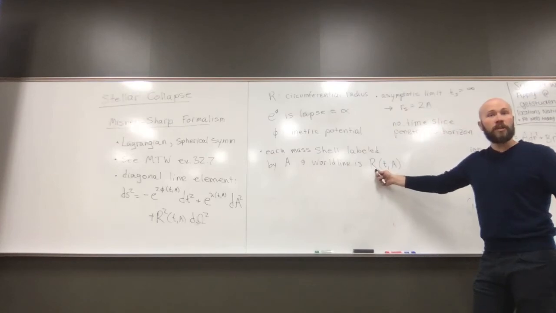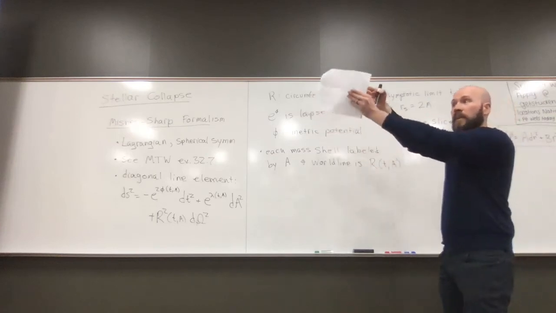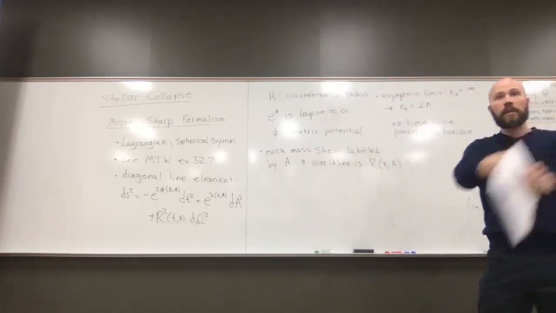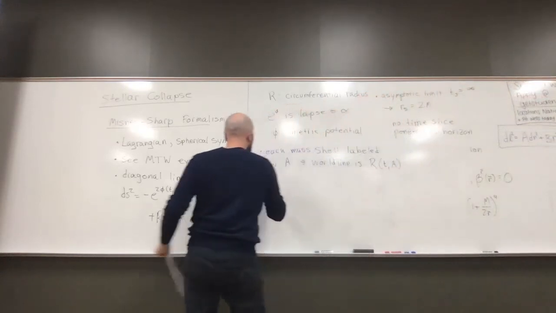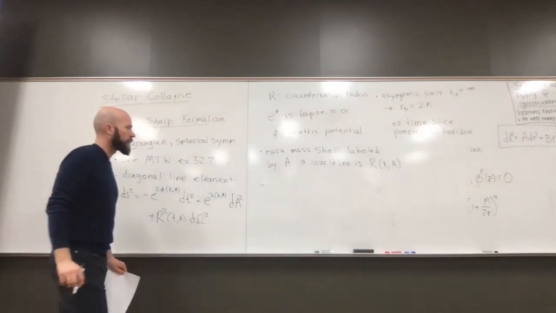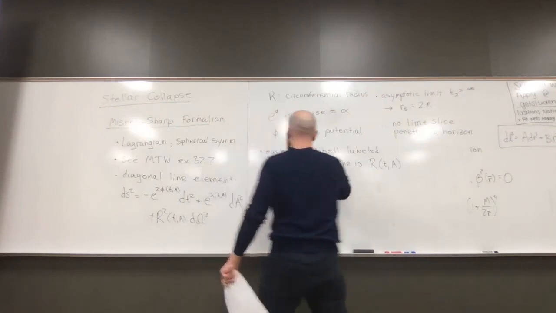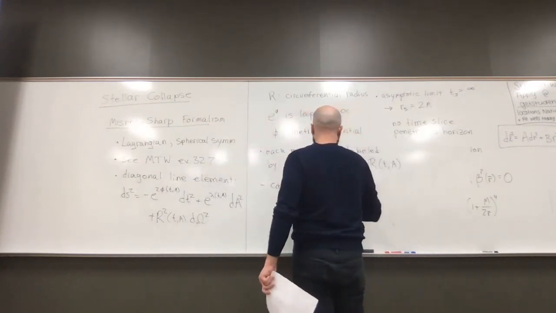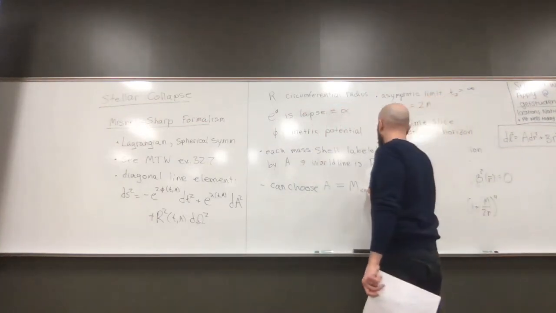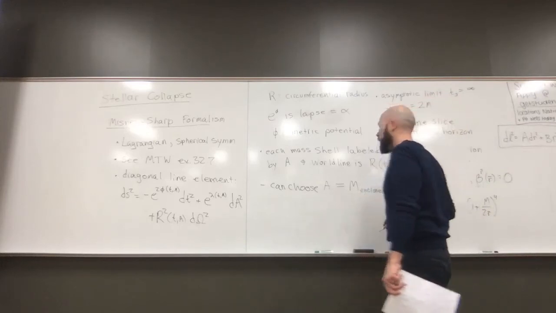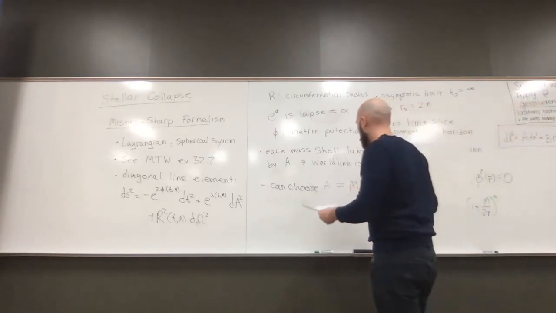Now that radius changes as a function of time depending on what mass coordinate we're talking about, because if we're dealing with collapse, the radius of a given mass shell decreases as it collapses in. Okay? And it's not required by this, but we can choose A to actually be equal to the mass, the enclosed mass. If you want to do that, which is common, then it's truly like a Lagrangian formulation. Okay.